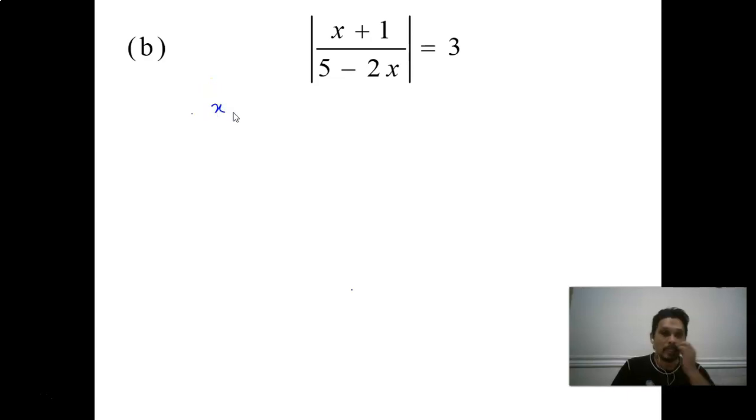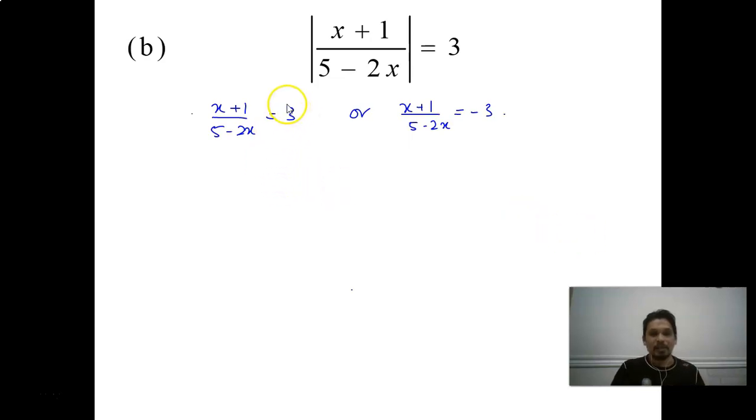What I'm trying to say is, it's just like this example here: (x plus 1) divided by (5 minus 2x) equal to 3, or (x plus 1) divided by (5 minus 2x), actually that is negative here, so bring the negative to the 3, equal to negative 3.